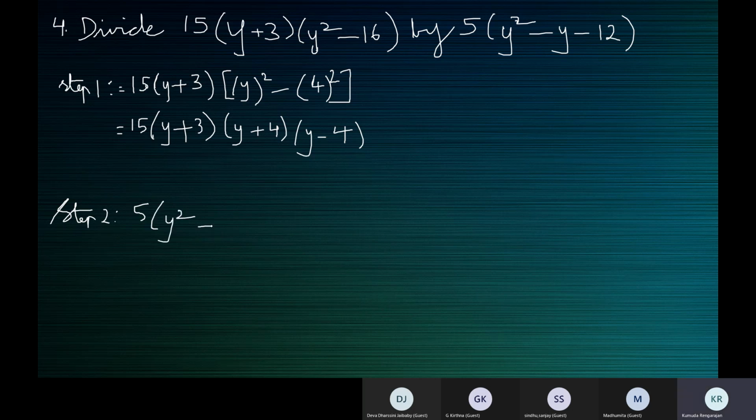How do we handle step 2, children? How do we factorize the expression in step 2?